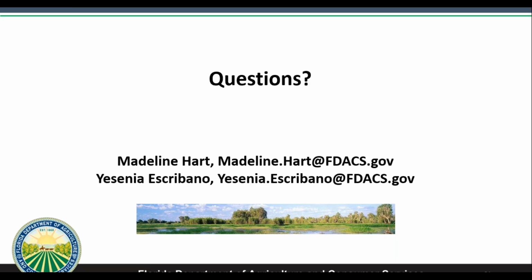And like Jasenia alluded to, we have GIS backgrounds, so we do stuff like this as part of our jobs, but we also have a GIS section within the Office of Ag Water Policy that does more intense analyses. And if something like that were to occur, we'd have to do it in tandem with them.